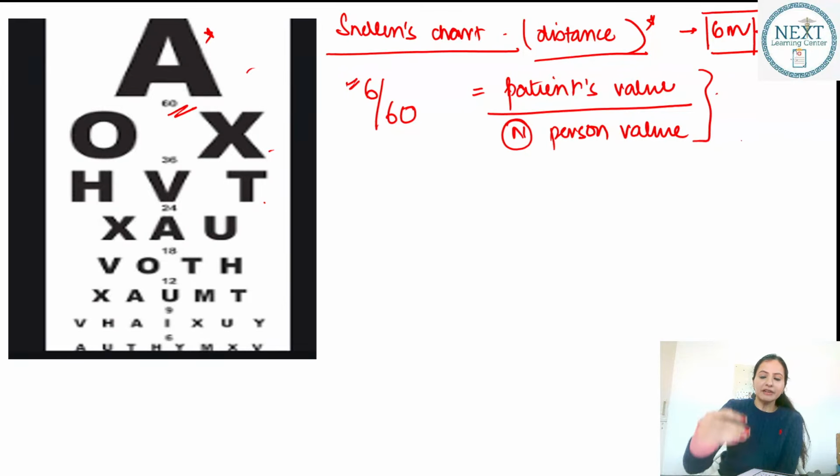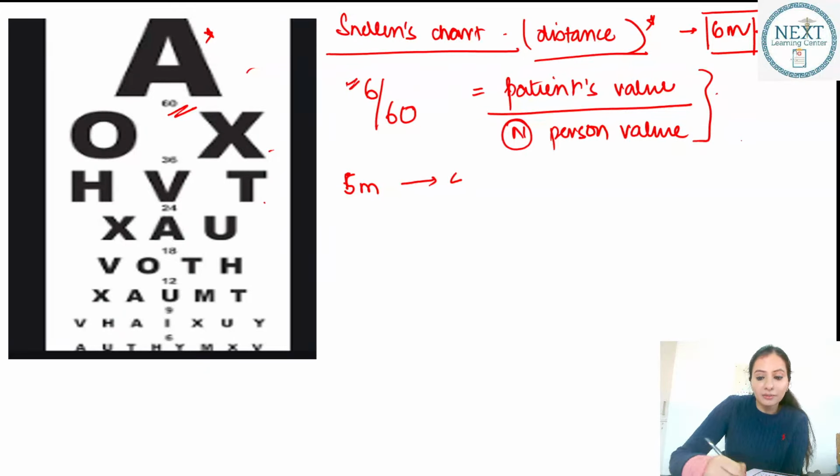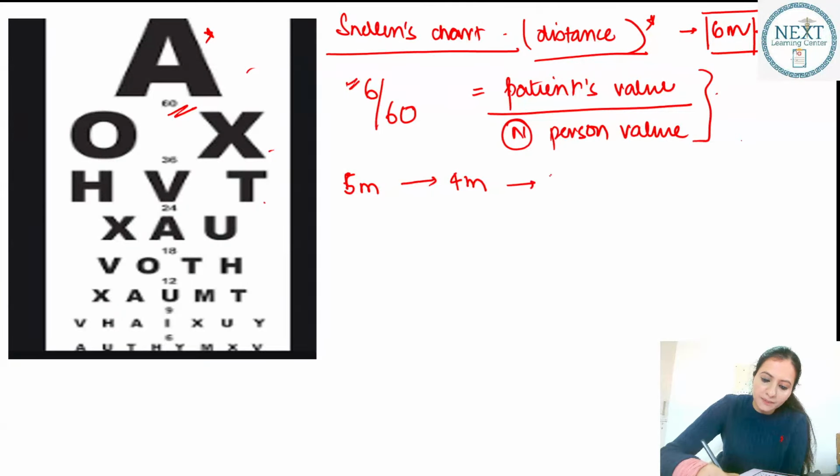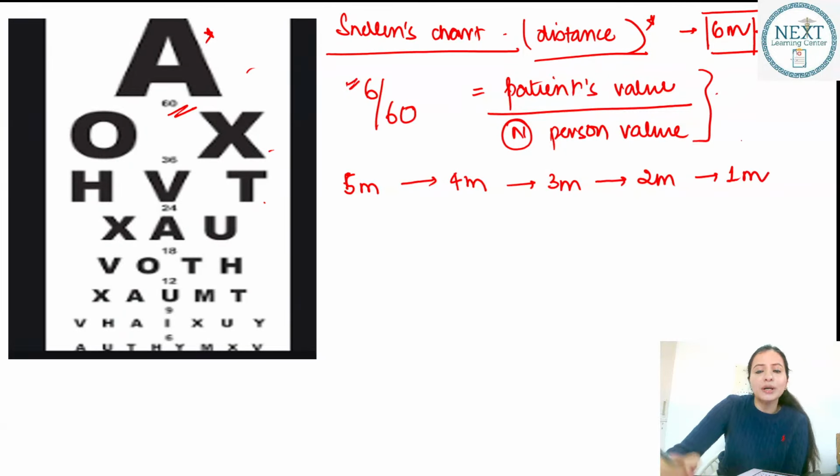Then if the patient is not even able to read 6 by 60, we decrease the distance. Okay, at a distance of 5 meters, then if still not able to read, we ask the patient to read Snellens at 4 meters, then 3 meters, then 2 meters, then 1 meter. Even after 1 meter, if the patient is not able to read, then we will do finger counting.